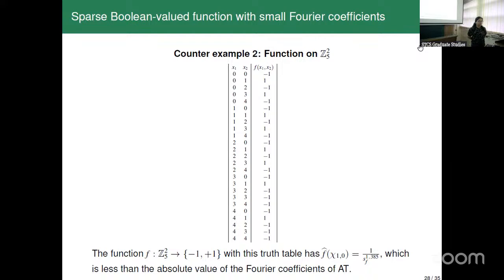That we don't know. So this is counter example 2, and it has a Fourier coefficient which is even smaller than the previous one.